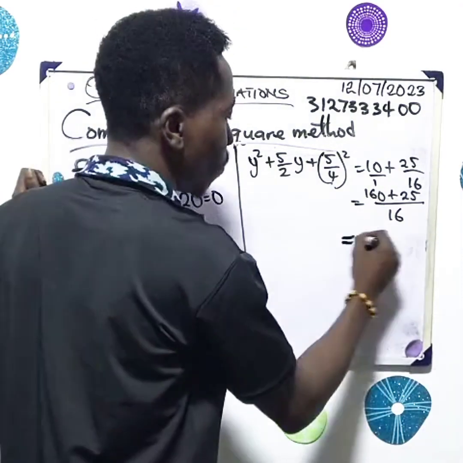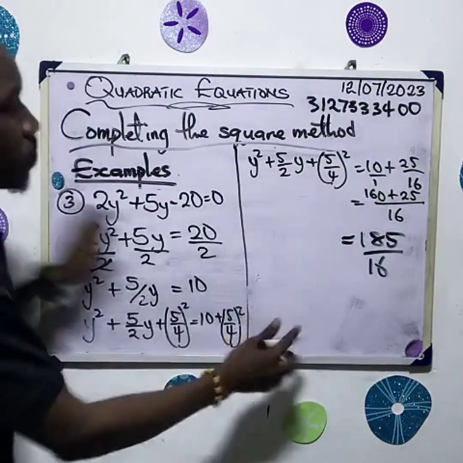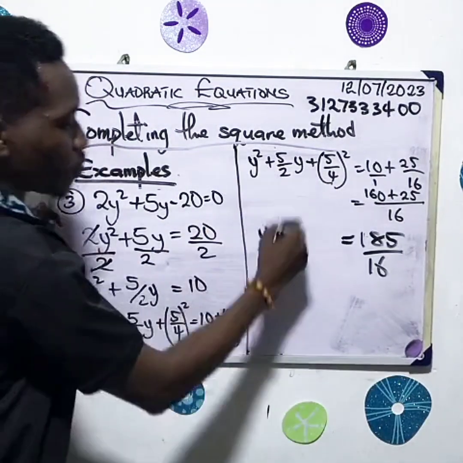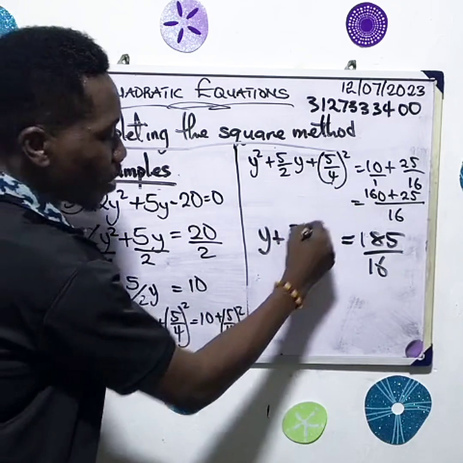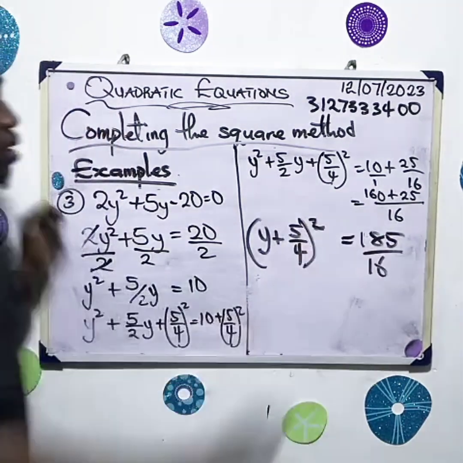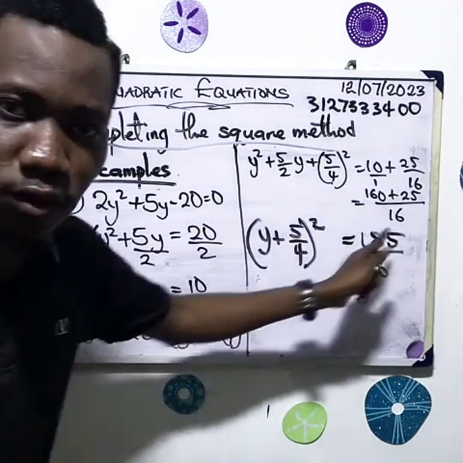So we have equal to 185/16. On the left, you take the y, the plus, then the 5/4, all squared equals this. Now we need to deal with this square. How? We need to take the square root of both sides.